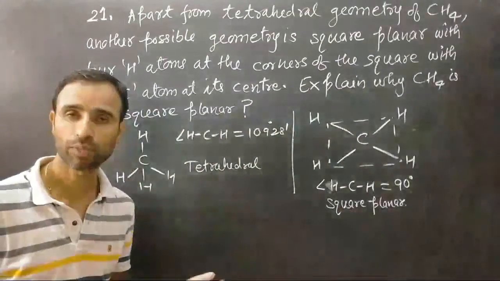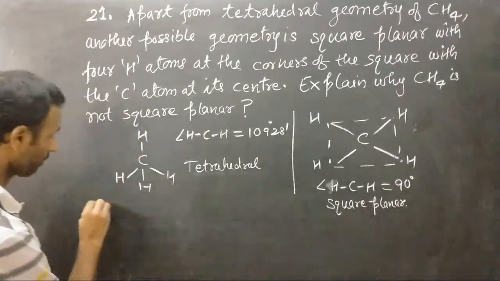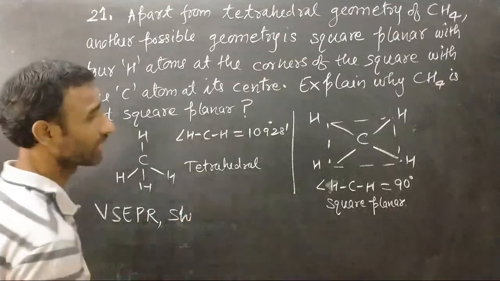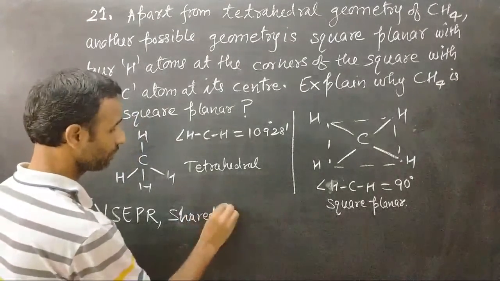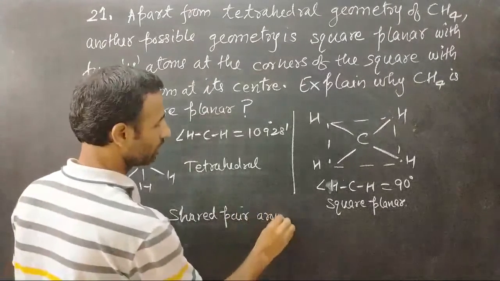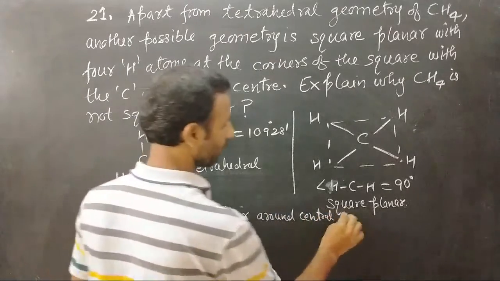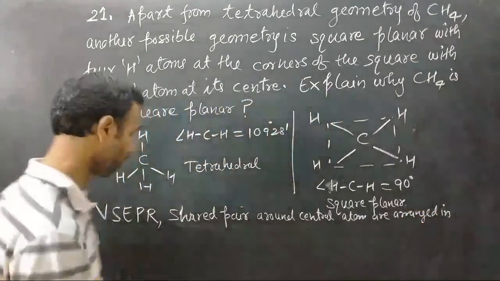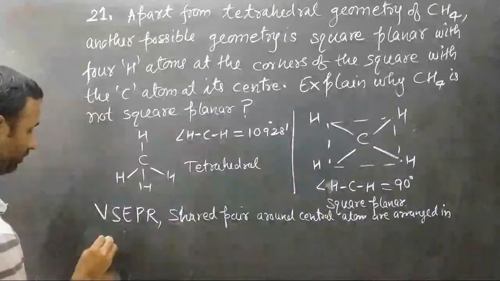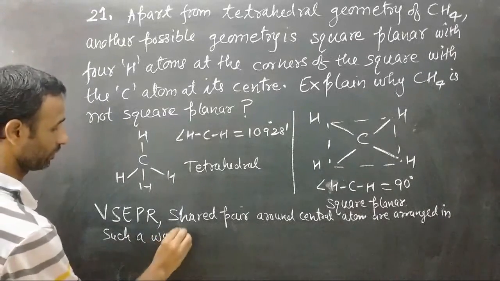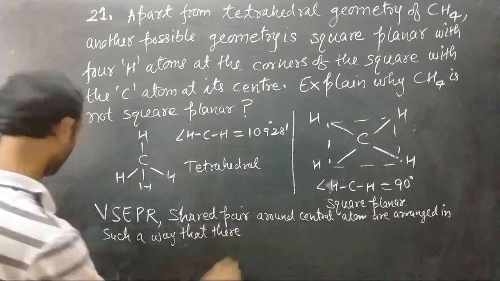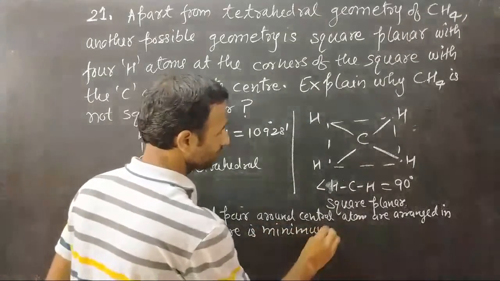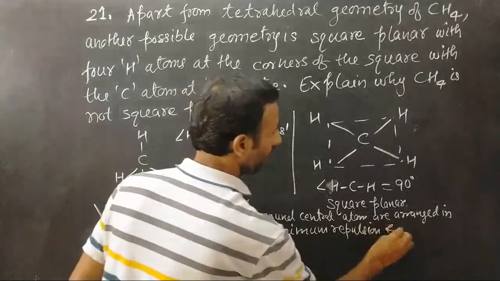So according to VSEPR theory, valence shell electron pair repulsion theory, shared pairs around the central atom are arranged in such a way that there is minimum repulsion and maximum stability.